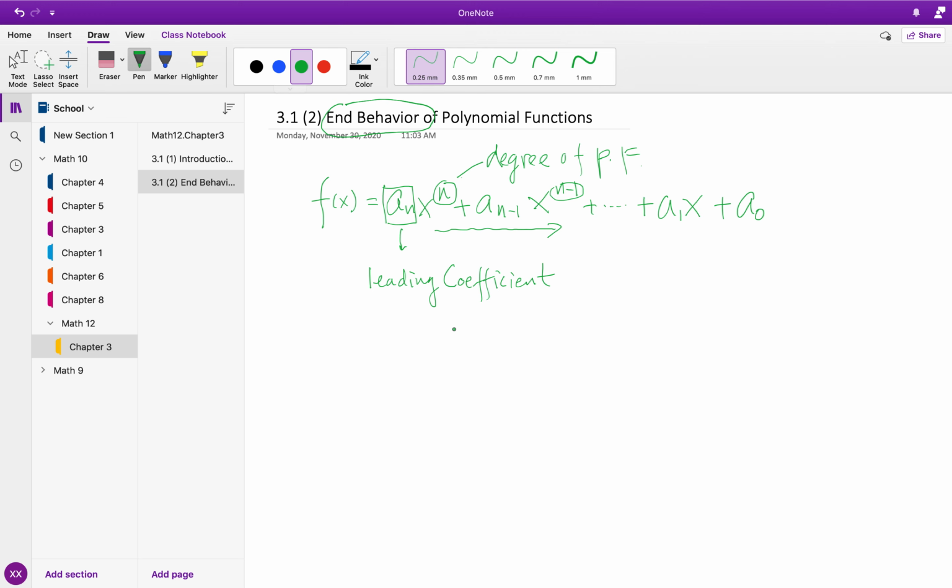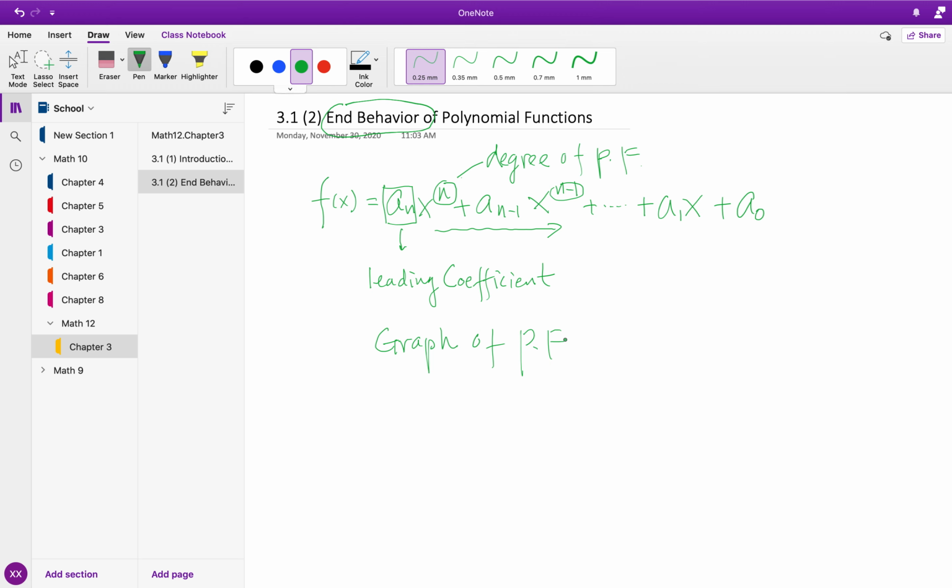So now let's first of all take a look at the end behavior of polynomial functions, basically talking about the graph. The general understanding about a graph of a polynomial function.